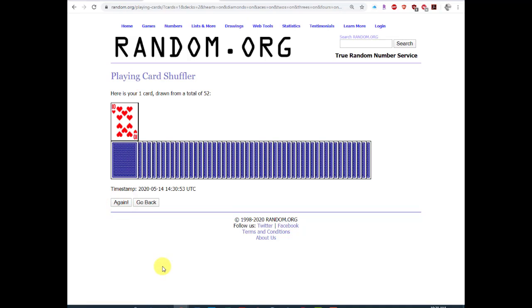I'm going to put this card in again, mix it up, and draw another card. What is the probability that I will get a red card? 50%. I get another red card. This time I got the King of Hearts. I'm going to put it in. Think to yourself, what is the probability of me getting another red card? It's still 50%, because there's 50% red cards in a fair deck.